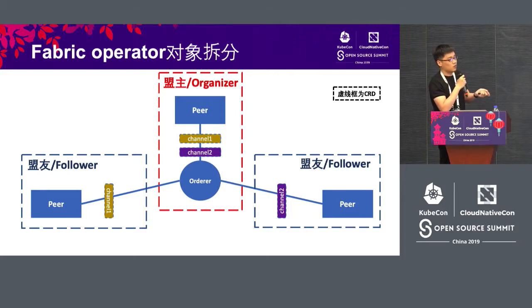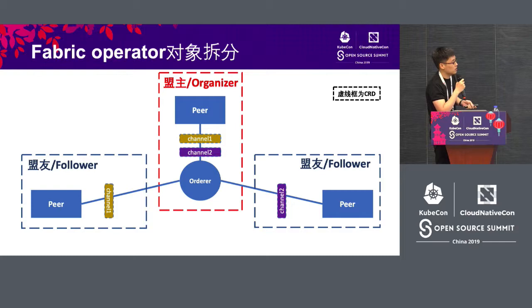We found that during the real implementation, there will be an organization which will initiate the establishment of a consortium, and then this organizer will have different followers. The organizer will become the orderer. So we can say that organizers and followers are different in terms of their architecture.